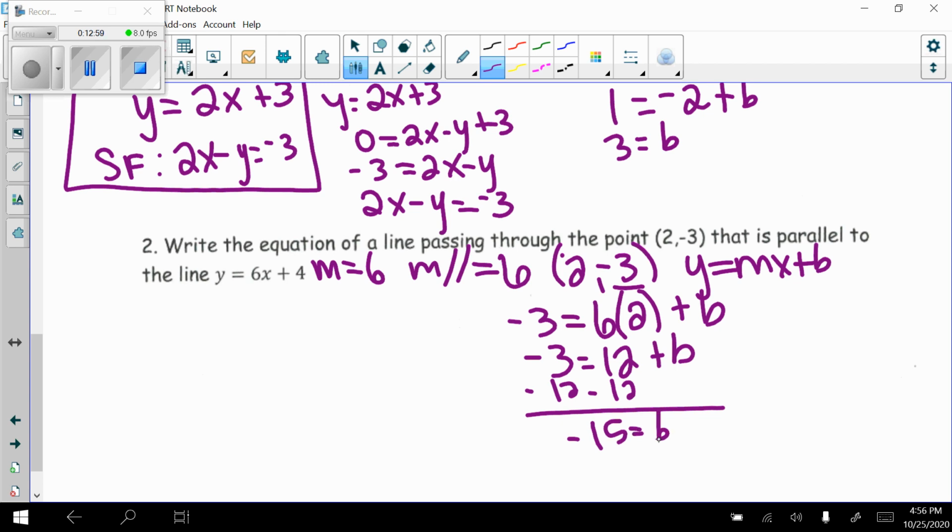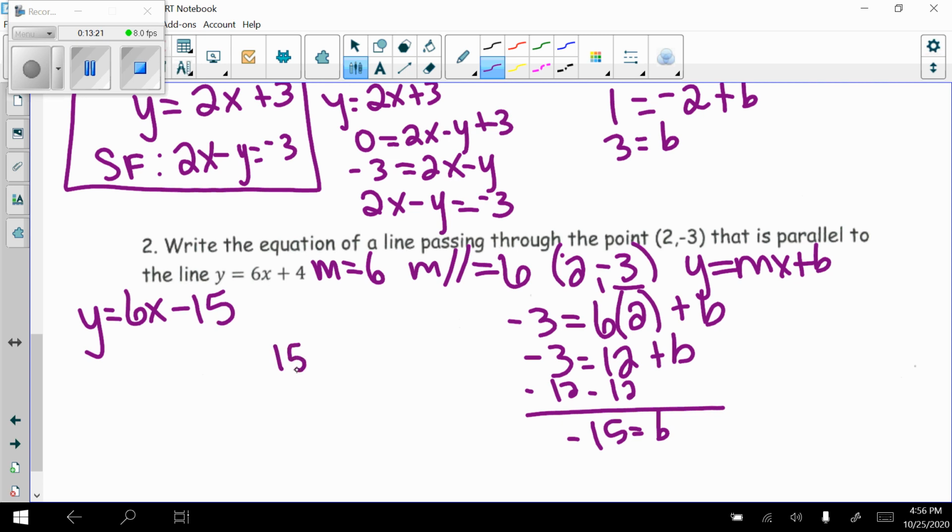So now I'm going to come over here and write my two equations. My first one is the easy one, the slope-intercept. So y equals my slope 6x, my y-intercept minus 15. Again, now I want standard form. So I need to trade places with the y and the 15. So when I do that, I add 15 to the other side.